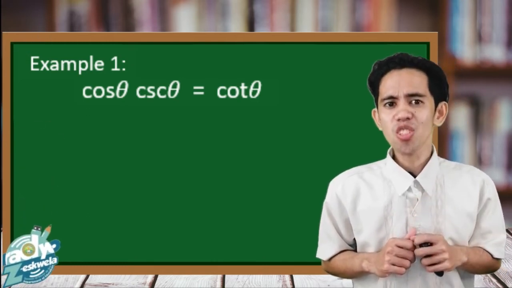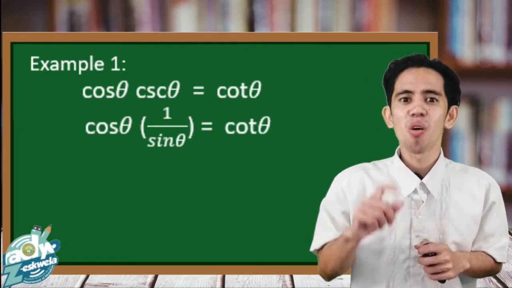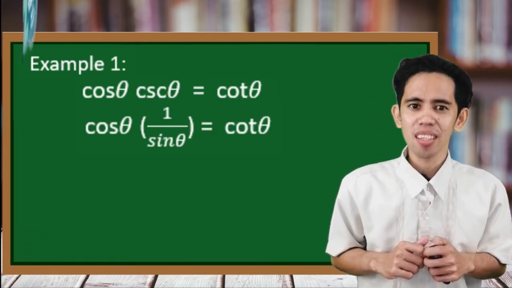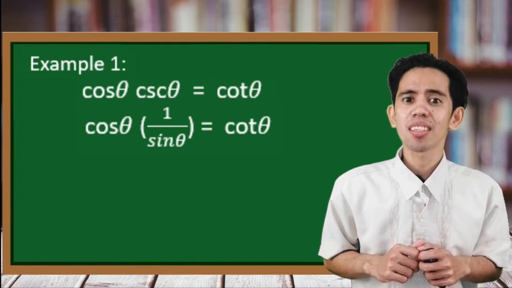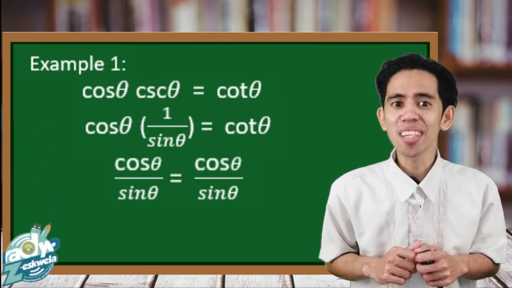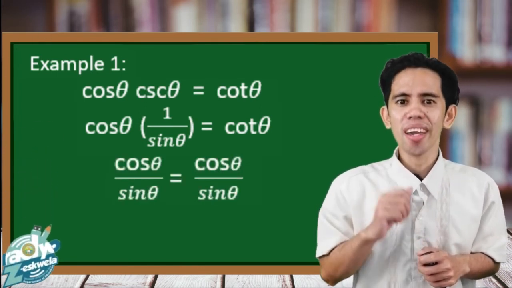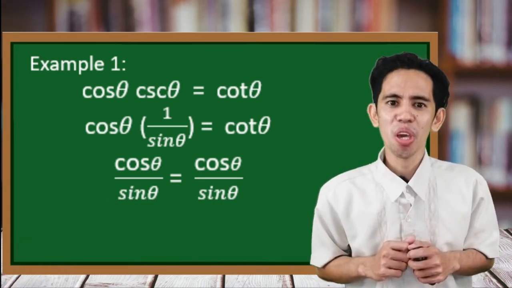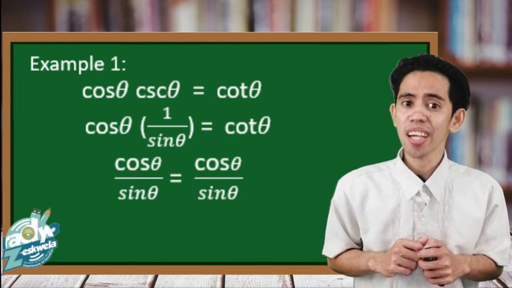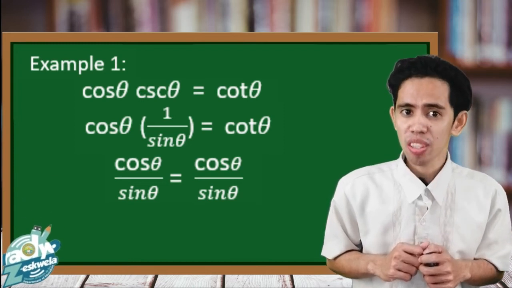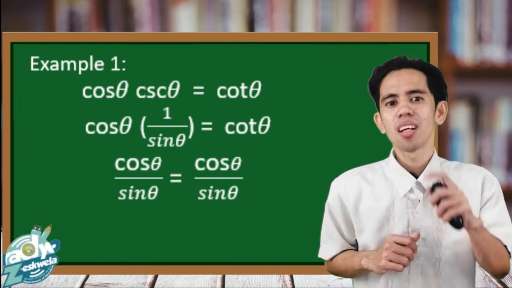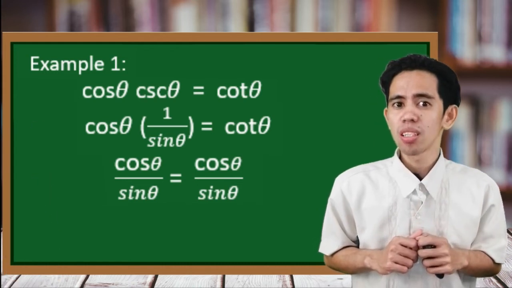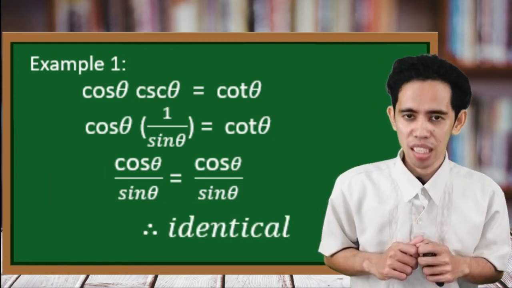We have cos theta times 1 over sine theta is equal to cosine theta over sine theta. And simplify. So as you can see, they have the same terms for both sides of the equation. Then, the given example is an identity. We will be right back after this break.